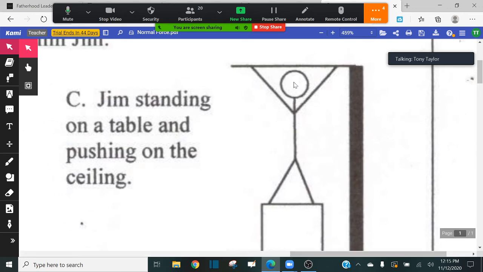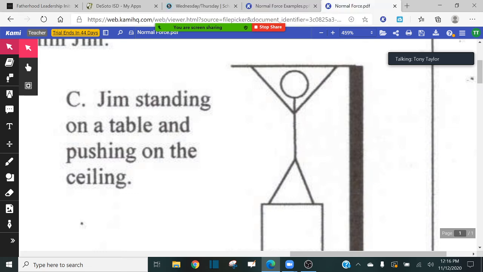Yep, thank you, guys. It will be 4 normal forces. We have 4 surfaces of contact. The feet are in contact with the table here and here, and his hands are in contact with the ceiling here and here.